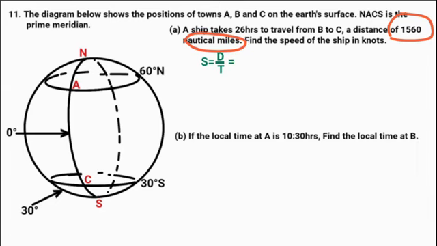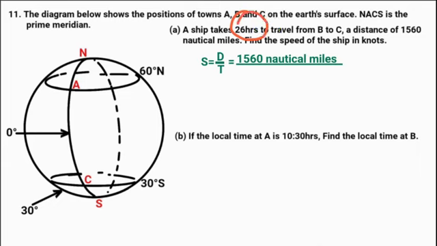So the distance is 1,560 nautical miles, which will be over time. Now we look at time. We can see that time is also given, which is 26 hours. So we're going to say over 26 hours.